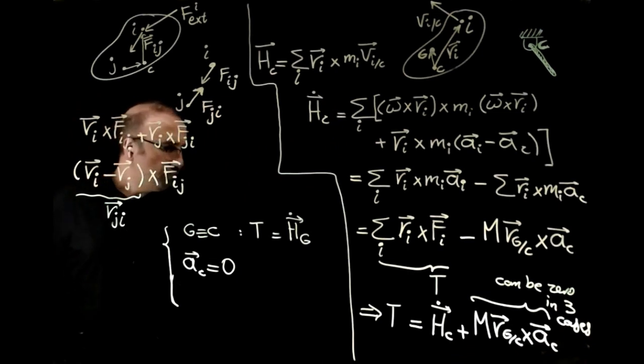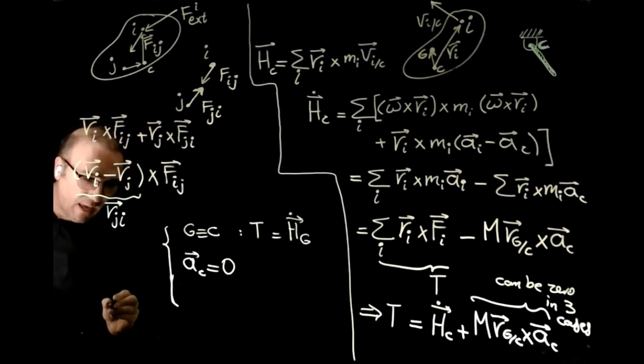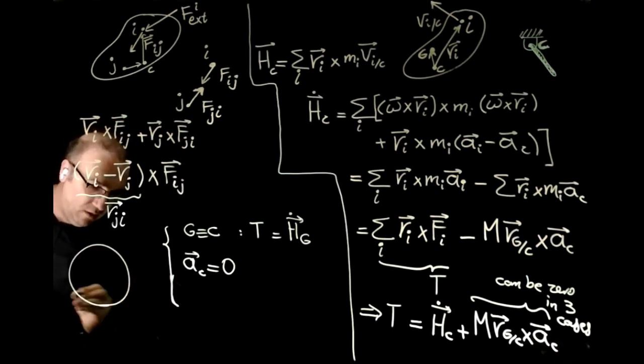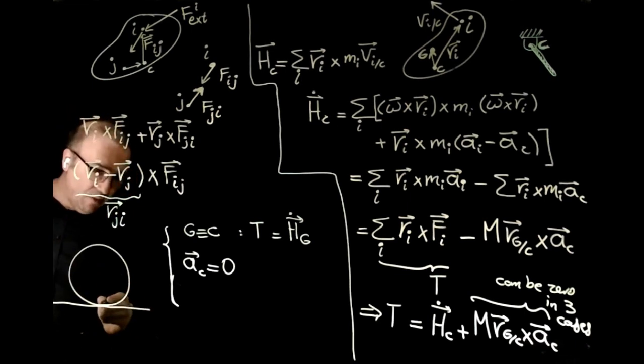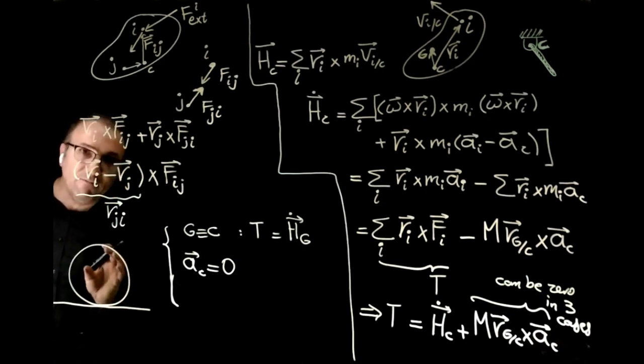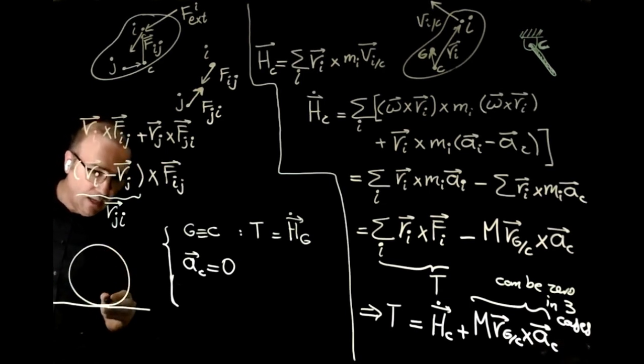Well, the only case that we might encounter in mechanical engineering is when we have a disk rolling without slipping, and with a uniform disk. Because if it rolls without slipping, the acceleration of this point is toward that geometric center.